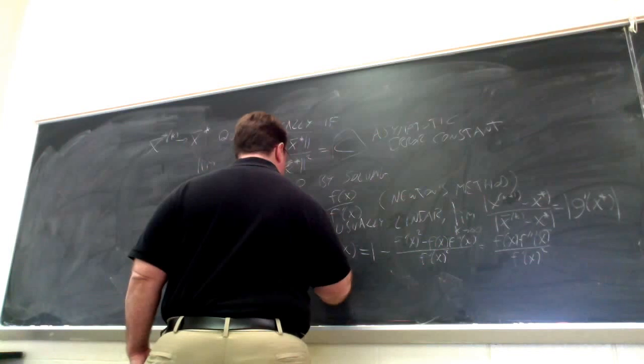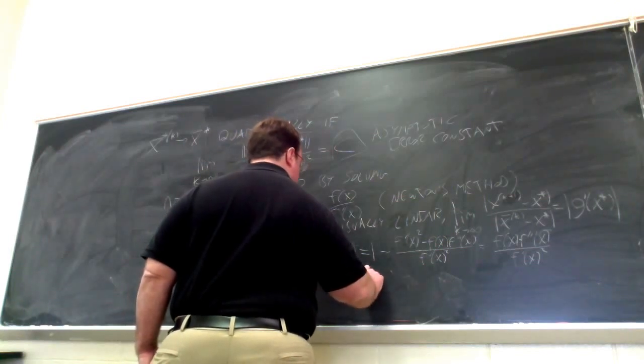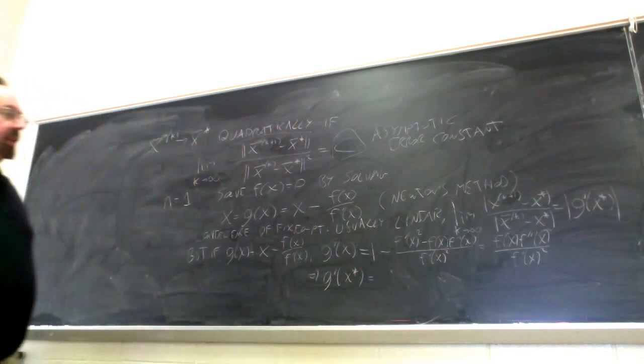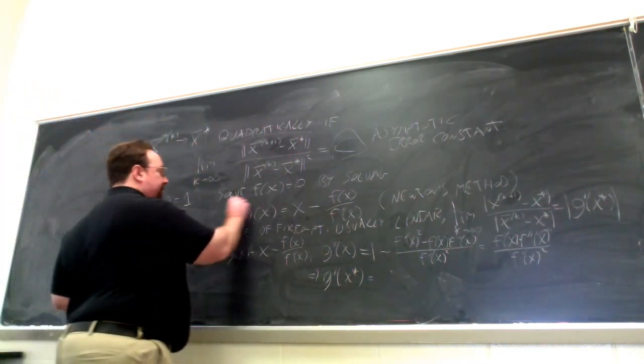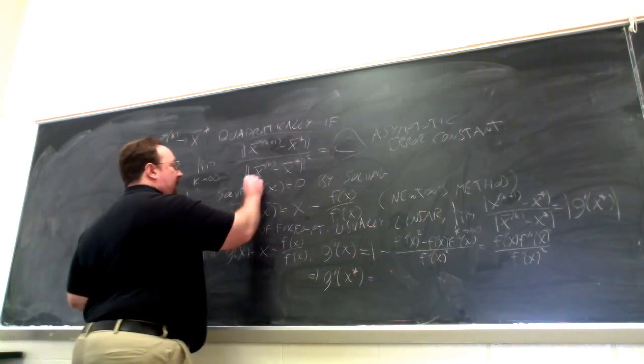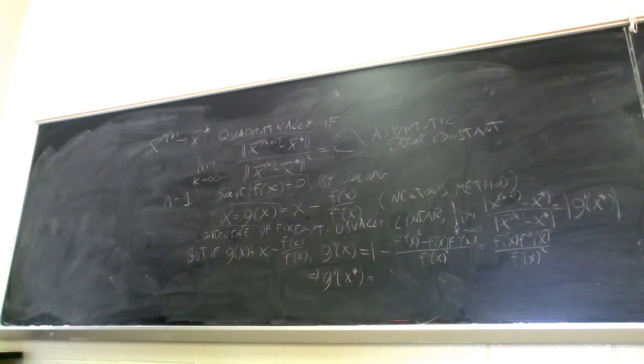So what is g prime of x star, if x star is the root? Because x star solves this equation, and it solves this one. But f of x star equals 0, so that has to equal 0.